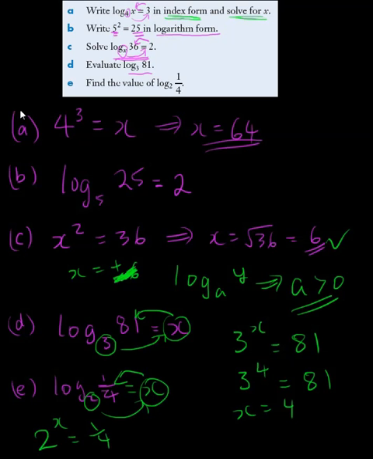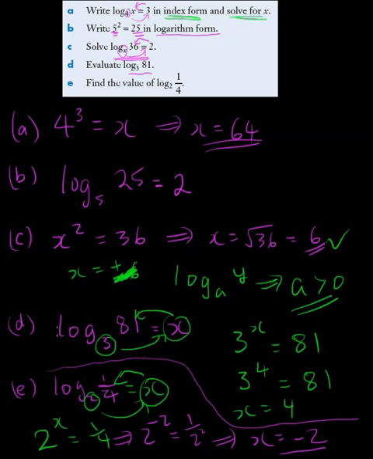What does that mean? That means that 2 to the power of minus 2 is equal to 1/4, because 1/4 is equal to 1 over 2 squared. So therefore, x in this case must be equal to minus 2. So your answer for D, sorry to confuse the two answers here, but D is x is equal to 4, and for E, x must be equal to minus 2.